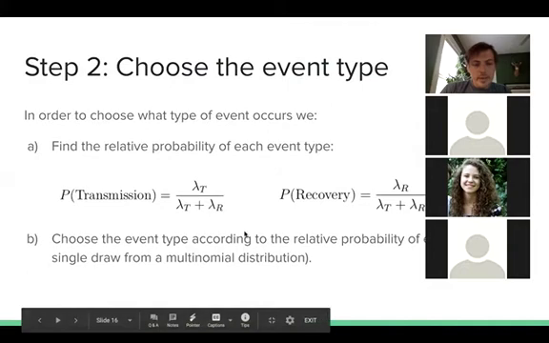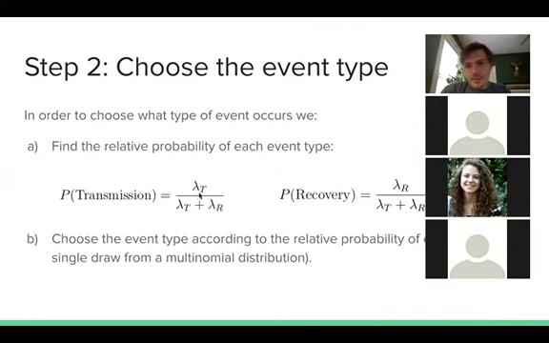We take the rate at which a given event occurs, say the transmission rate, and divide it by the total rate at which all events occur. By doing this, we can find the relative probability of a transmission event or a recovery event being the next event. Then we can choose what type of event occurs at the next step according to these relative probabilities, which is analogous to taking a single draw from a multinomial distribution.